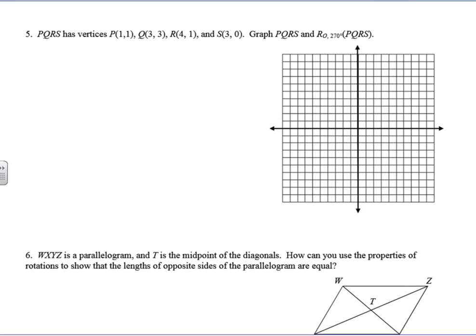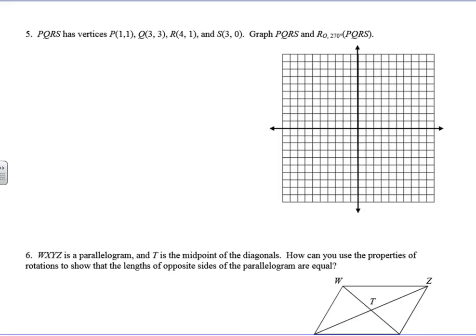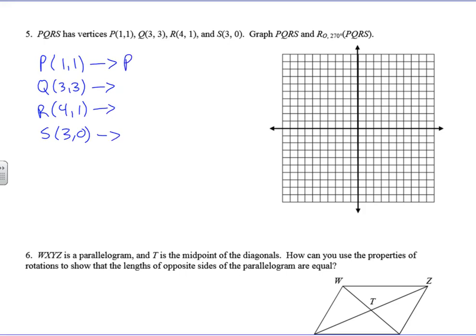Okay, we got a couple more here. We got a 270, and then the constructions are a different lesson. So all we're going to do here again, (1, 1), (3, 3). We're using the same points because I just want to show you the difference between these ones. S is (3, 0). So again, I like to write them out all vertically, and then P prime, Q prime, R prime, S prime.